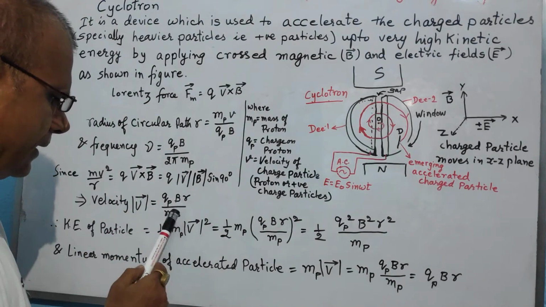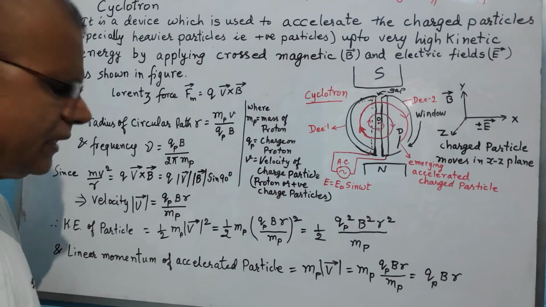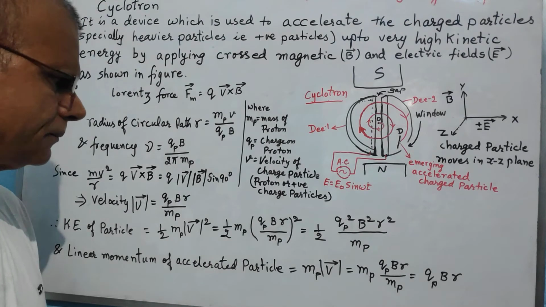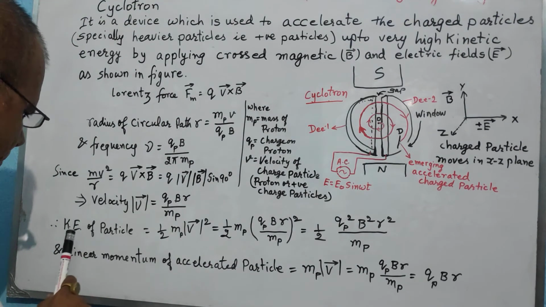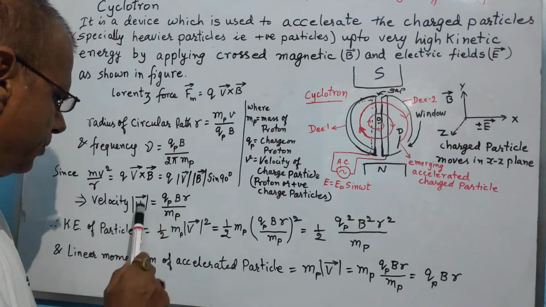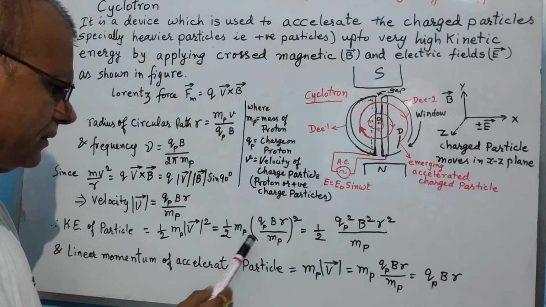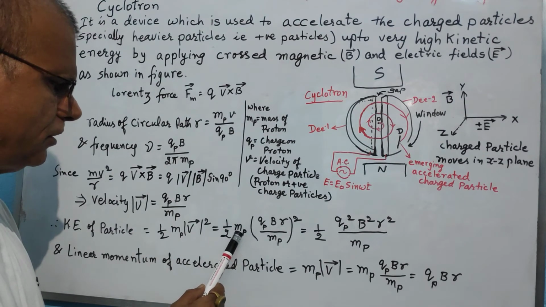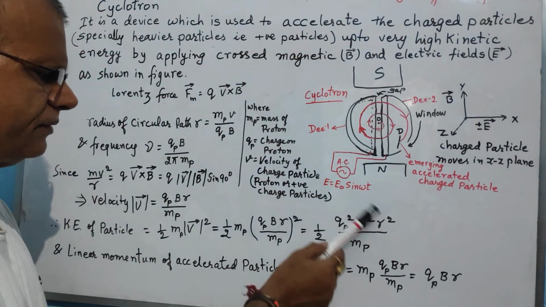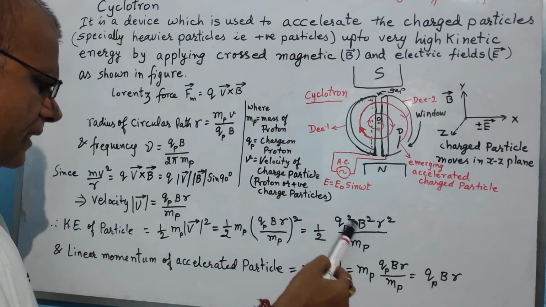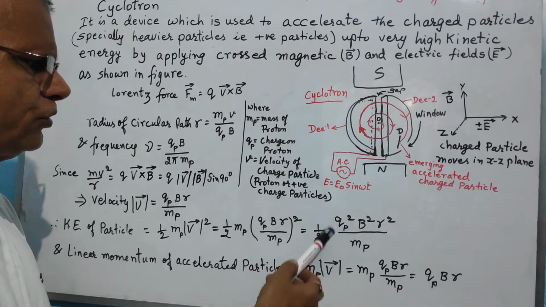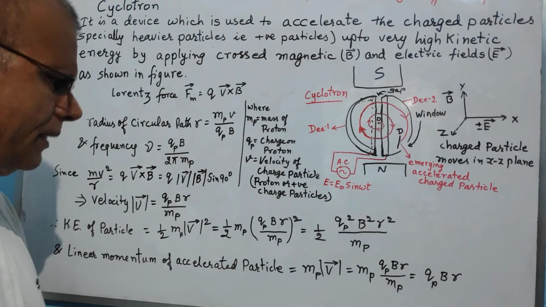We are attaching the suffix p because we have protons being accelerated, and then the kinetic energy of the charged particle will be half mv squared. So on putting the value of v, we have mp in the numerator and mp squared in the denominator, so the kinetic energy of the charged particle becomes half qp squared B squared r squared by mp.